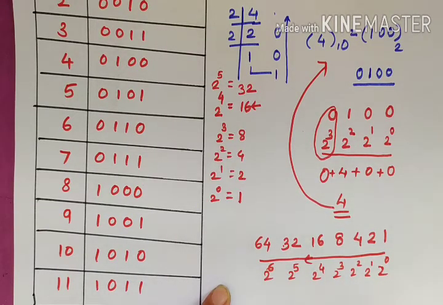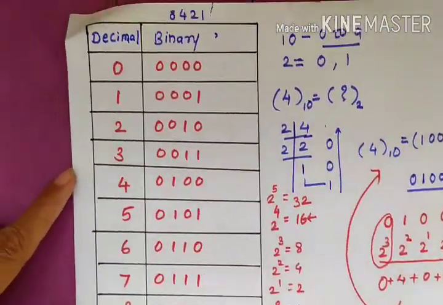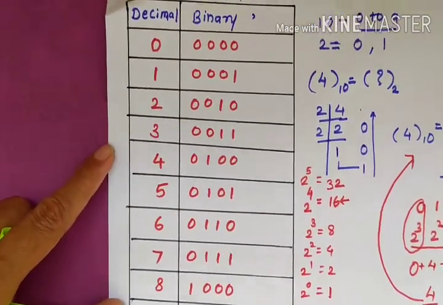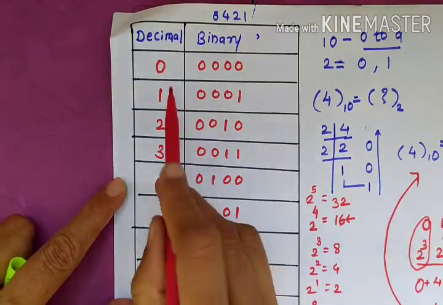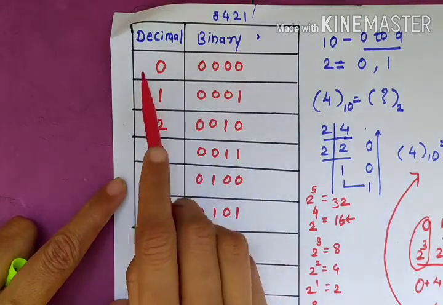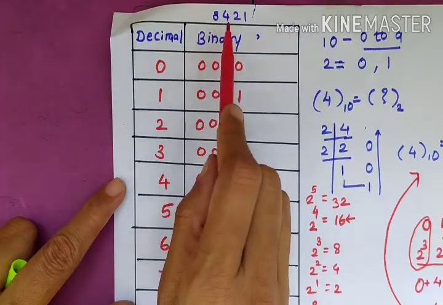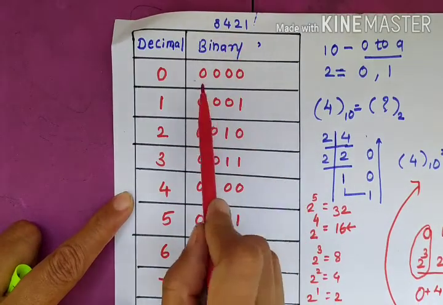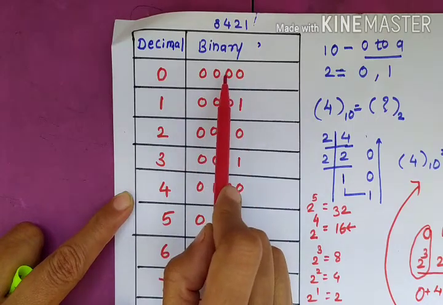Is that clear? Now let us see the equivalent binary of each decimal number by this chart. See, here this is the decimal number and this is the binary number. If decimal 0 is written here, then its equivalent according to this 8421 code, we have to write 0 only, 0000.